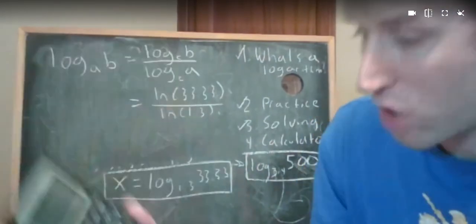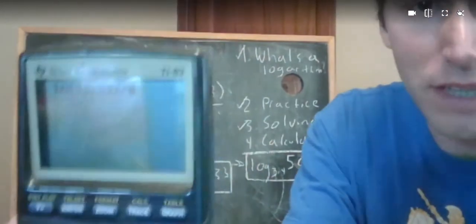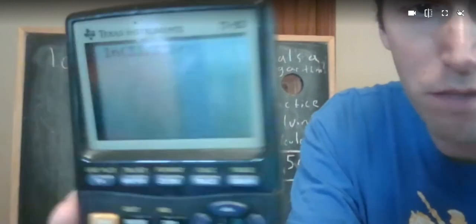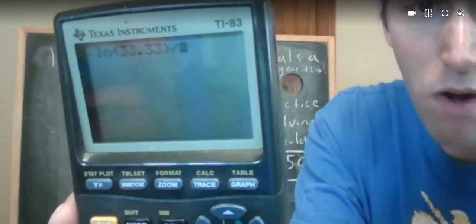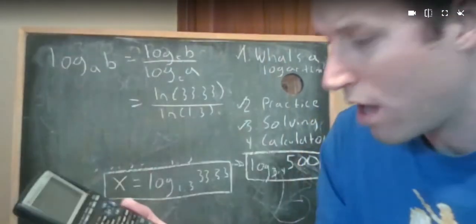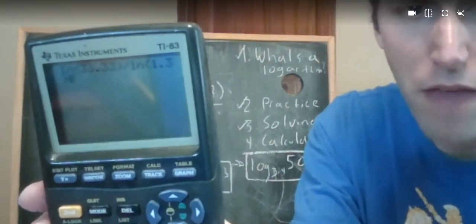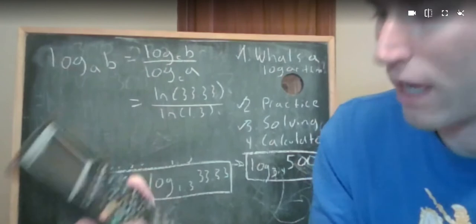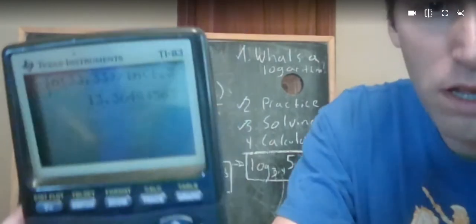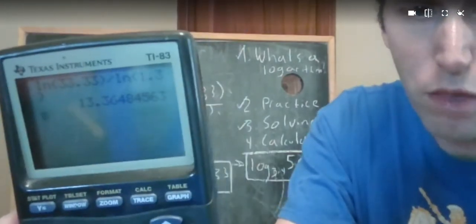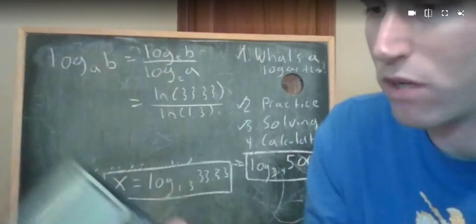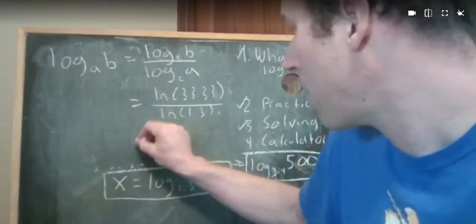Next thing I better do is close those parentheses and then do the division bar. Apologies for the glare. There we go. Close parentheses, division, then ln of 1.3. Close parentheses on that as well. And I get 13.3648, right about 13.5.